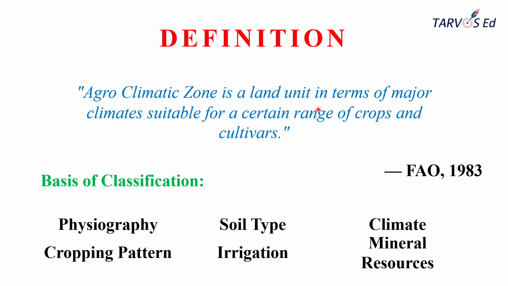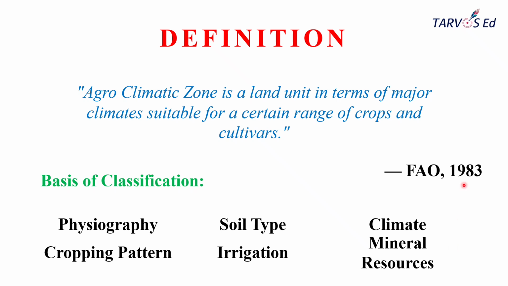Now, how do we classify these zones? The classification is done based on six main factors, including physiography, soil type, climate, cropping pattern, irrigation, and mineral resources.